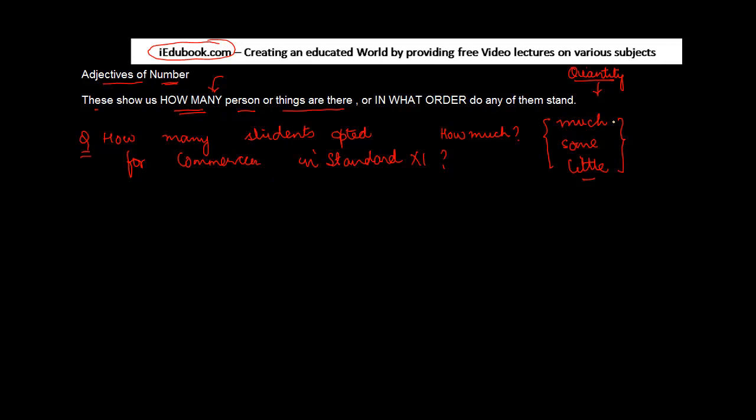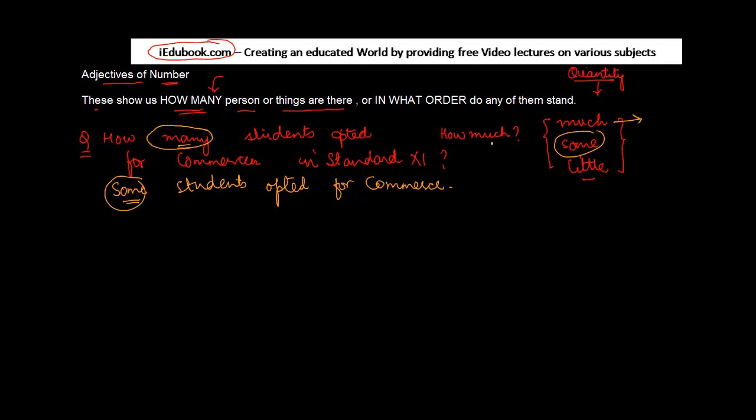You will not say there were much students who opted for commerce in class 11th. But you can say some students opted for commerce. Again, this "some" was used here also, but the only difference is this question is answering how many instead of how much.